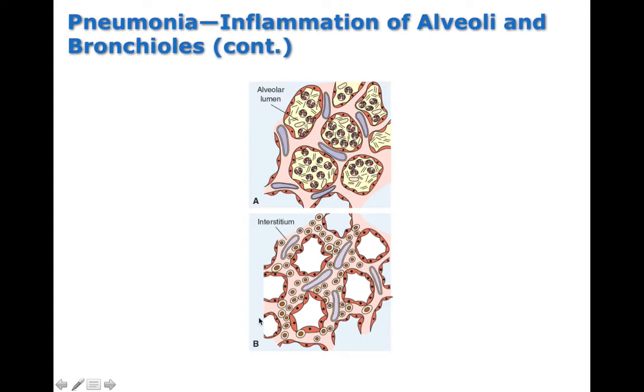Now, with atypical pneumonia, these microorganisms like mycoplasma and different viruses are more likely to infect the alveolar septum, so the space between alveoli, or deeper lung tissue like the interstitium, or in the tissue of the lung itself. And so you find that this would lead to more inflammation within the lung tissue, not necessarily as much inflammation along the airways.